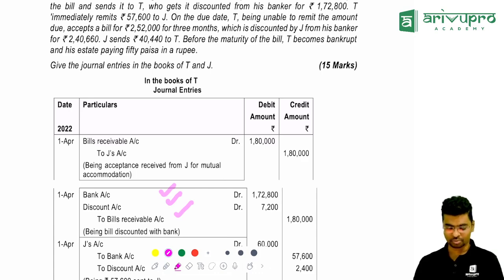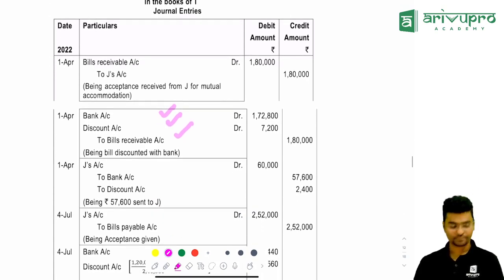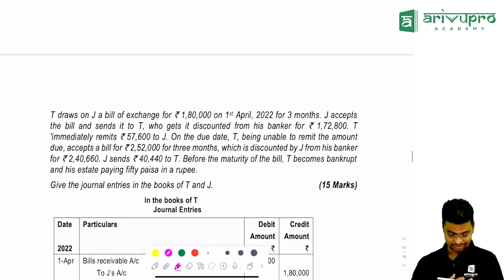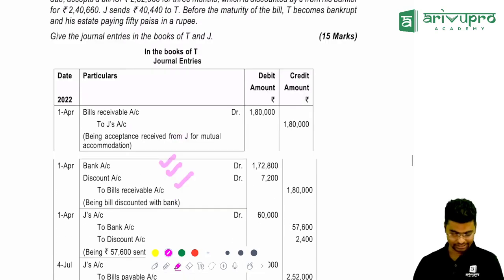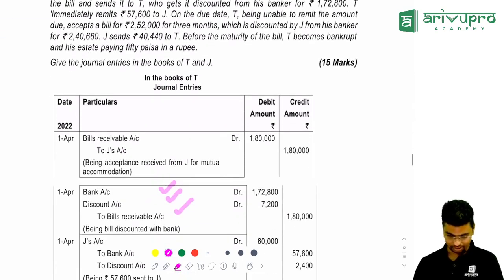What is the new bill amount? 2 lakh. So now it will become what? Bills payable. So we are coming to it. I think the entries they have done it upside down.